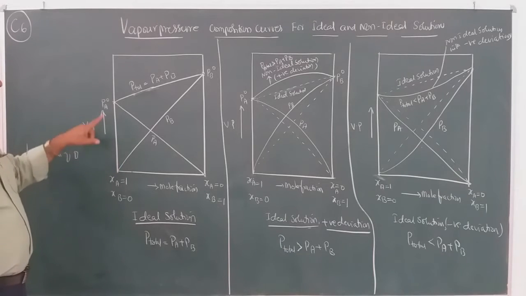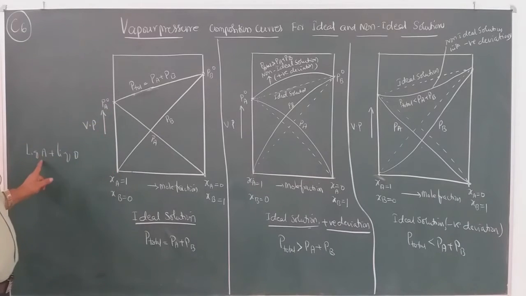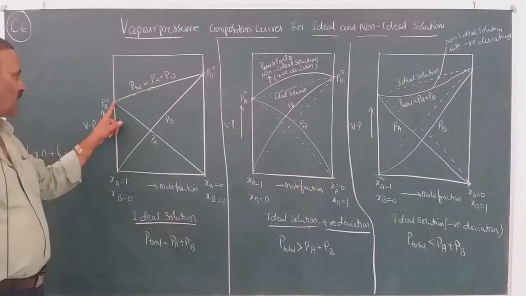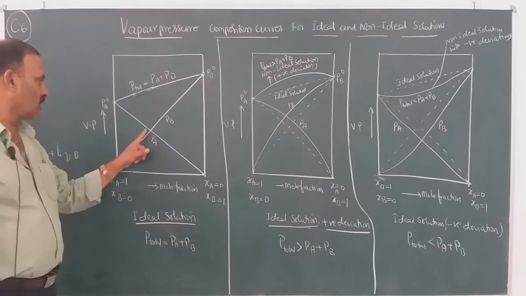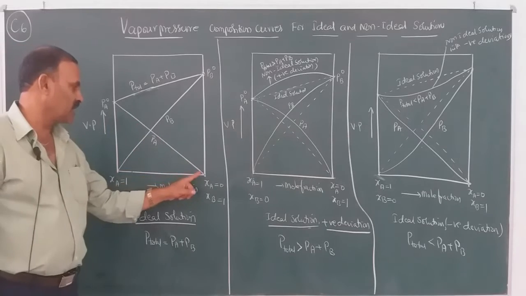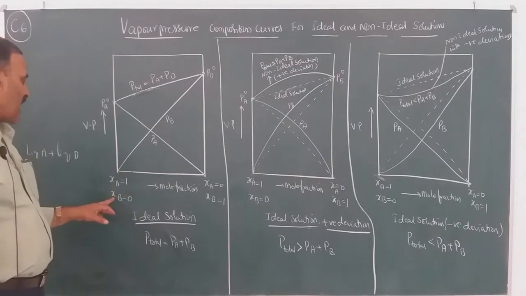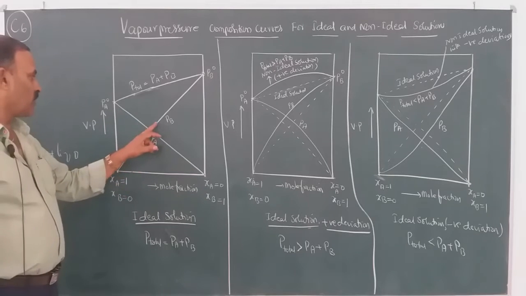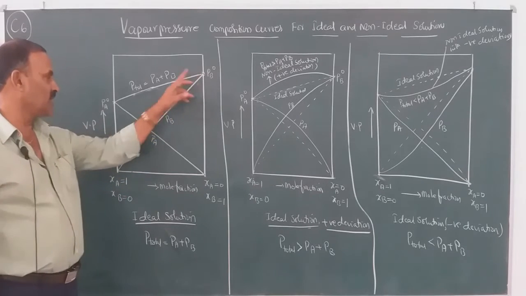Then P naught is the vapor pressure of pure liquid A. As the mole fraction decreases, the vapor pressure of liquid A goes on decreasing. Similarly, as the mole fraction of B goes on increasing, its vapor pressure also goes on increasing.